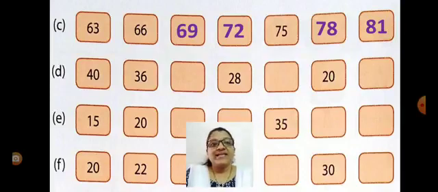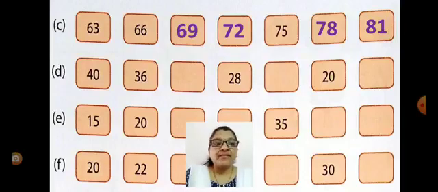Yes. Next, D. Here, first two numbers are 40 and 36. Here, the pattern rule is subtract 4. See, when we subtract 4 from 40, we get number 36. So, we have to apply this in this example.